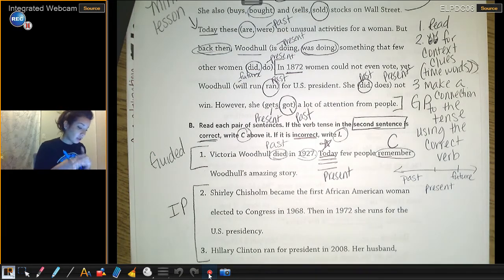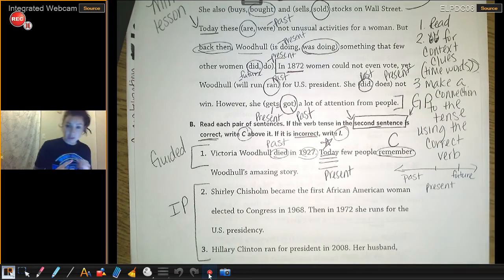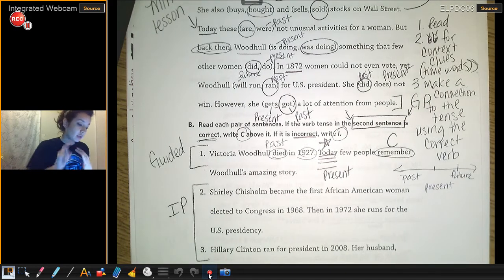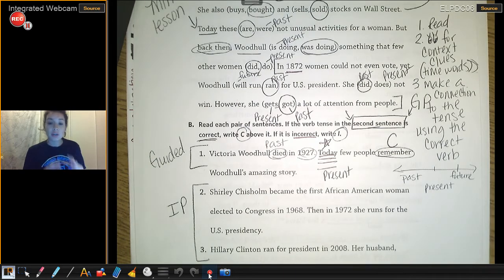So as you continue on, take your time. It's not a rushing thing, okay? We're reading both sentences, but we're focusing on the second sentence, okay? We're looking at our context clues, time words, and then we're also looking at the tense of the verb. So these are the steps you want to take to be successful today. Make sure you're making those connections and make sure you're using those context clues.